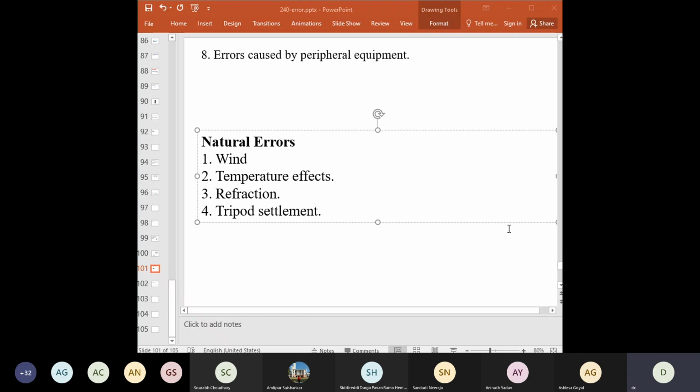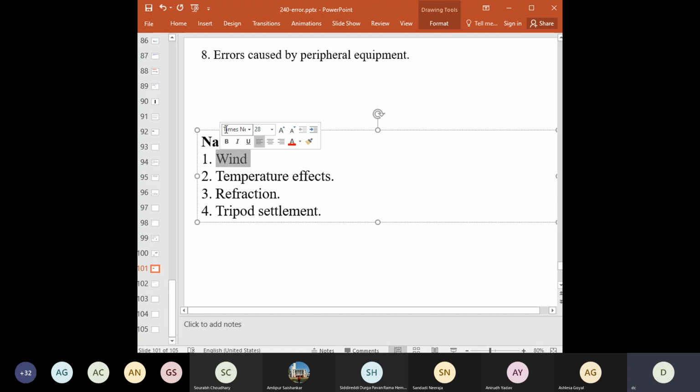So sometimes we put the instrument under windshields, or even suspend observations during some precise work when it is windy. So an optical plummet is very essential for such setups, and in this situation errors can be minimized.